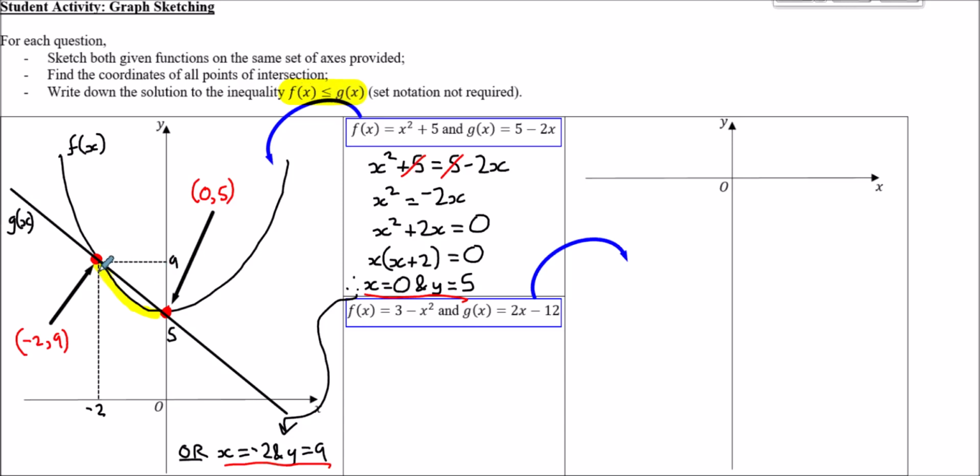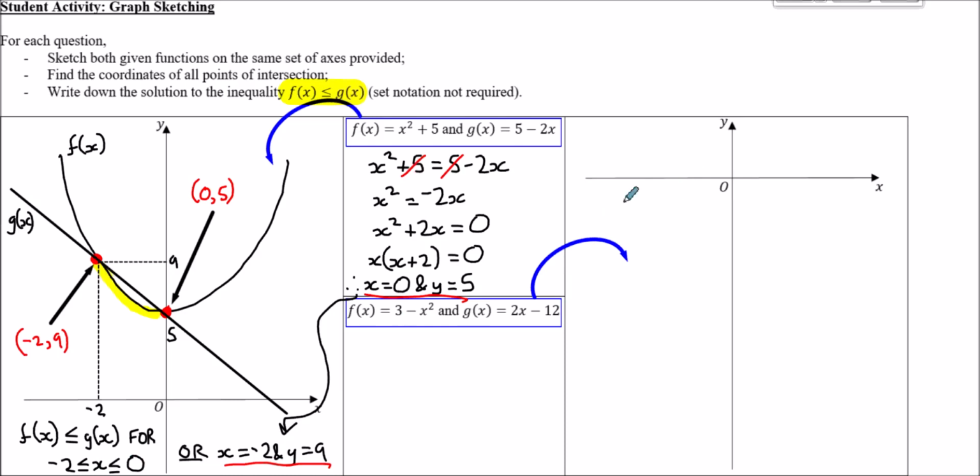It's in between where x is minus 2 and 0. So the final bit for this is f of x is less than or equal to g of x for when x is between minus 2 and 0. Like so.